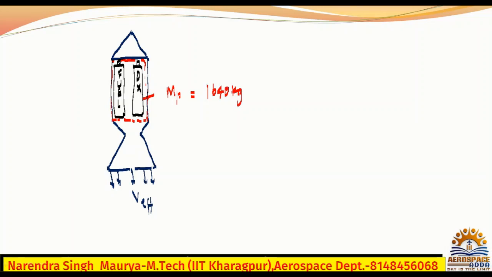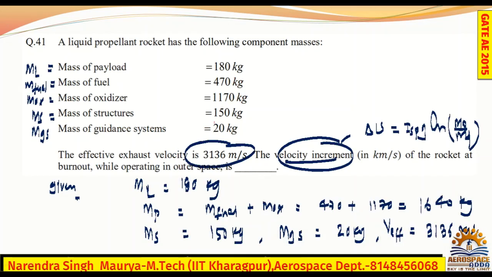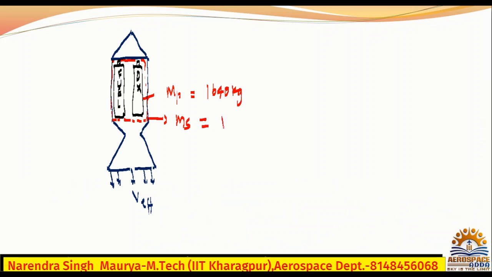This is the propellant. Mass of the structure, that body, is made of aluminum alloy or something, whatever the material used. Definitely we will have a structure of the rocket, and that mass of the structure will be called ms. How much have they given? They have given 150 kg. It is a very small rocket.